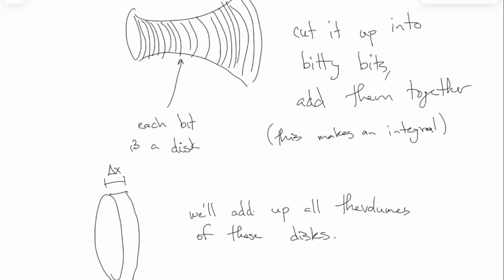Anybody happen to know the formula for the volume of a disk-type shape like that? I'm calling it a disk, but there's another name for that shape which you probably do know the volume of. Is it pi r squared times height? Pi r squared times the height. Yeah, this is actually a cylinder. It's kind of like a very short cylinder that's turned on its side, right?